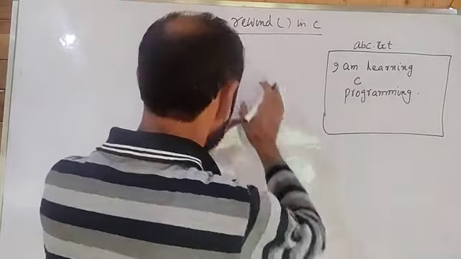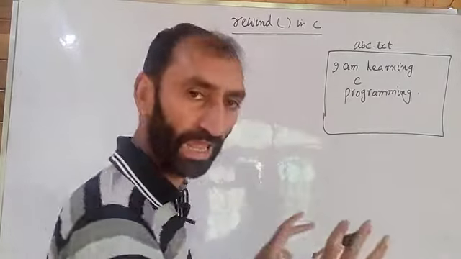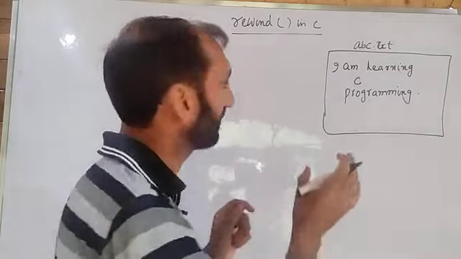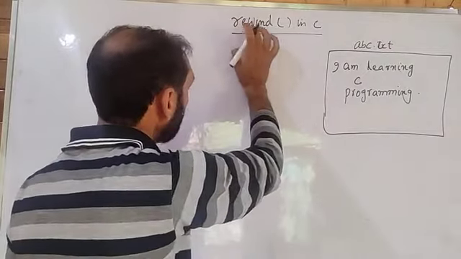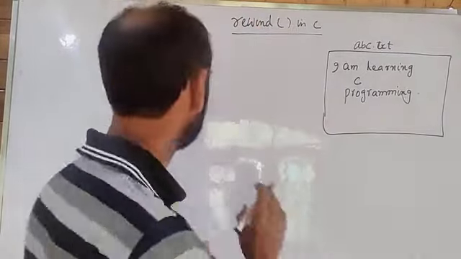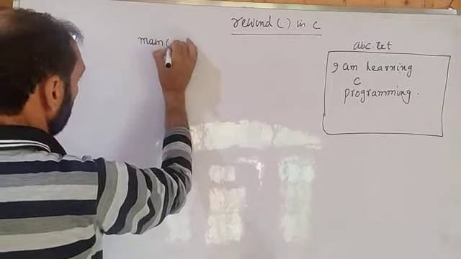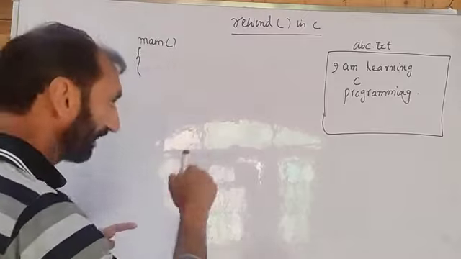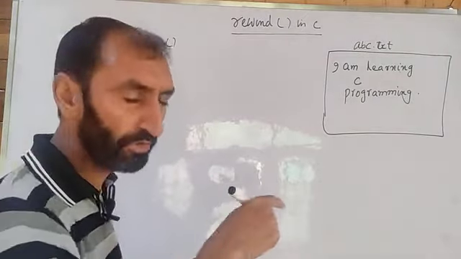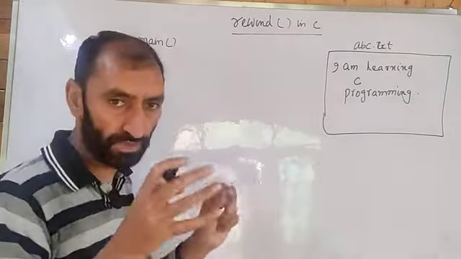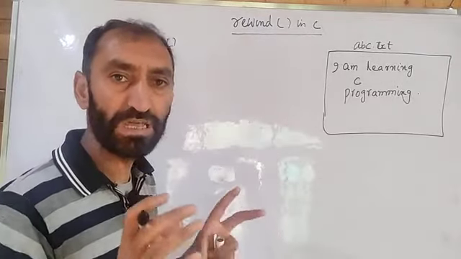First of all, I will write a small program, and after writing it, we will discuss the working of this rewind function. We know that in order to perform any operation on a file, we need a file pointer.